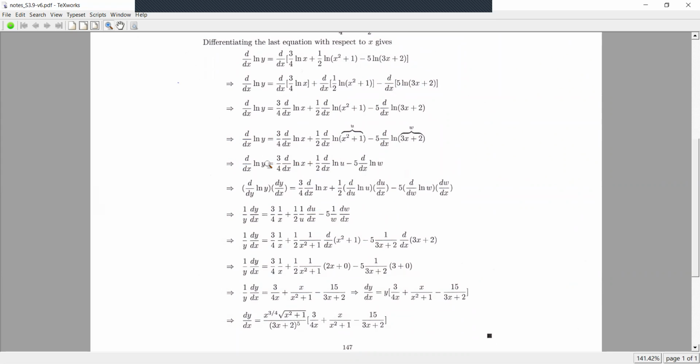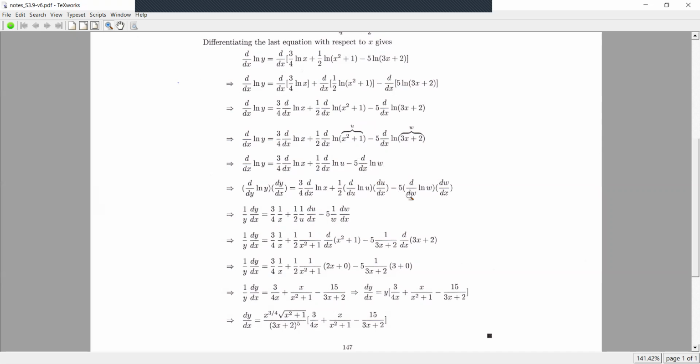In this equation, I have 1, 2, 3, 4 derivatives to compute. For these derivatives, I need the chain rule. Write this derivative as the product of these two derivatives. And write this derivative as the product of these two derivatives.